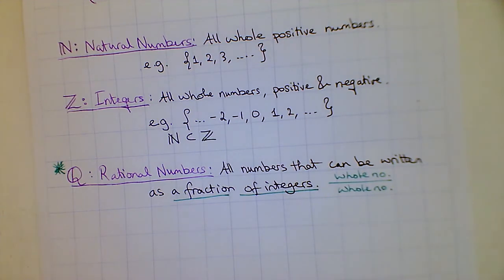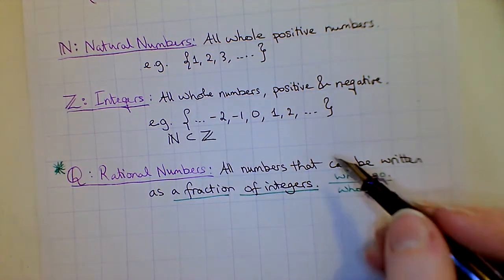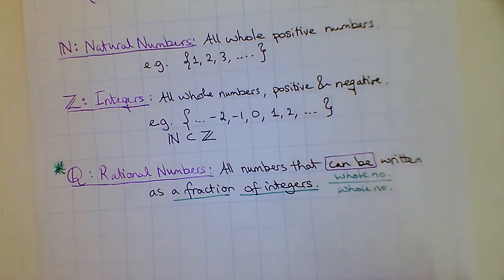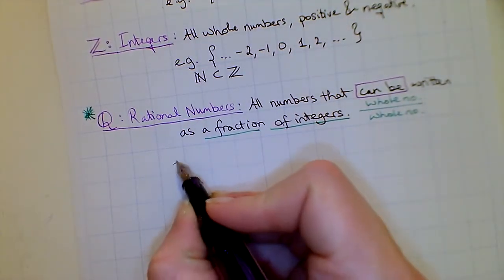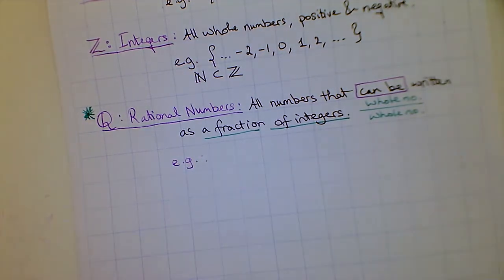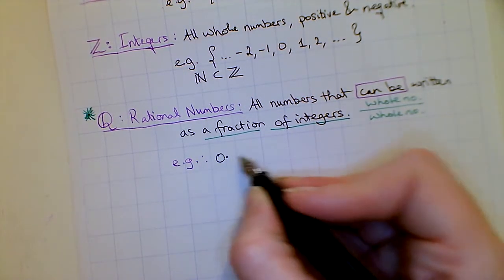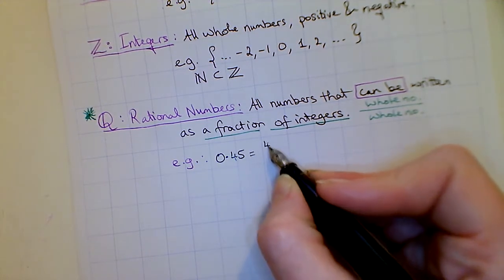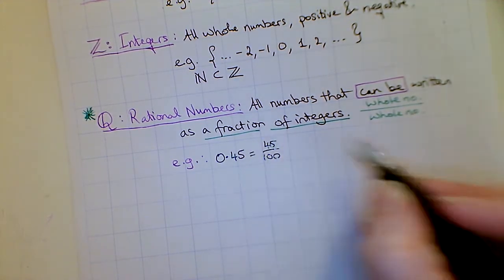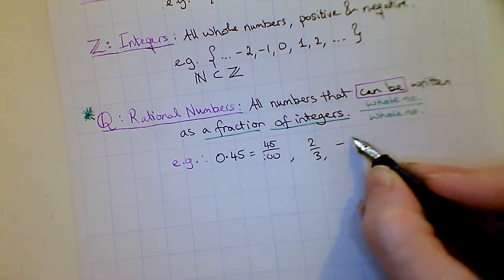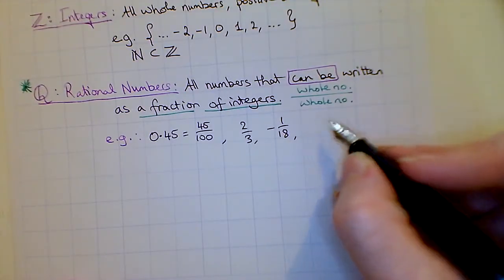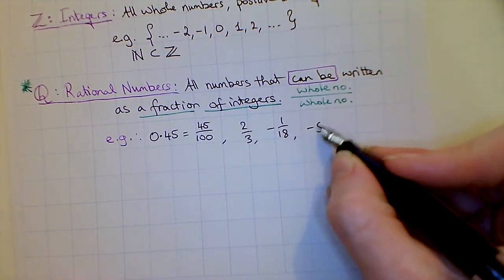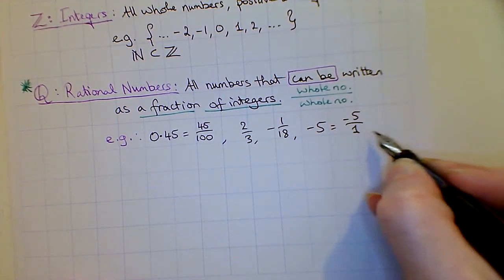Okay? So you need to be able to write them. As we mentioned above, you don't have to write it as a fraction. There are lots of numbers that we don't write as a fraction. .45, which we can write as 45 out of 100, and we can simplify that. 2/3, -18, -5, because we can write that as -5 over 1.